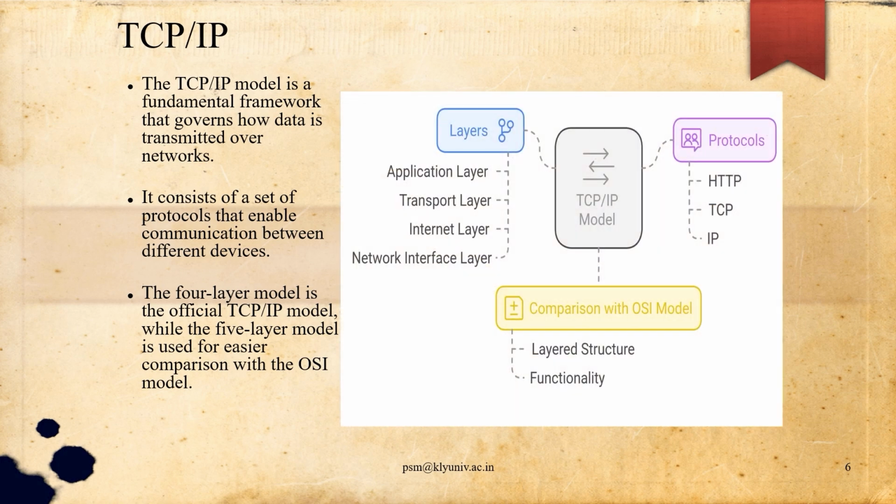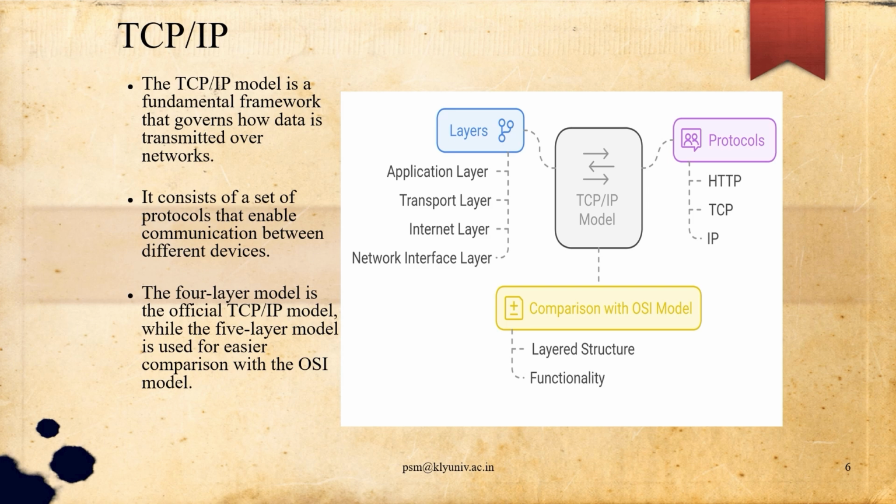So in case of TCP/IP, you can see 4 layers are very visible and prominent. One is the application layer, another is the transport layer, then the internet layer, and the network interface layer. The efficiency of TCP/IP is achieved through its layer structure and functionality. And as I said, there are many protocols available, a total of 21 protocols.